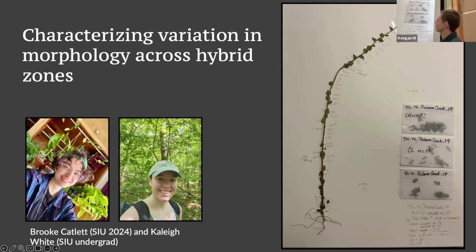Here we measured things like leaf width, total stem length, basal stem diameter, the number of capsules, and a lot more. And I would like to give special thanks again to Brooke Catlett and Kaylee White, who helped a lot with these measurements. Would not have gotten through 262 individuals without their help.